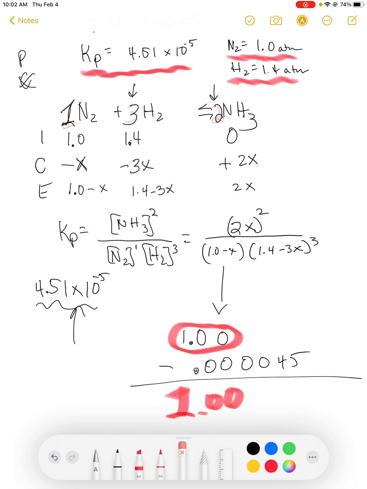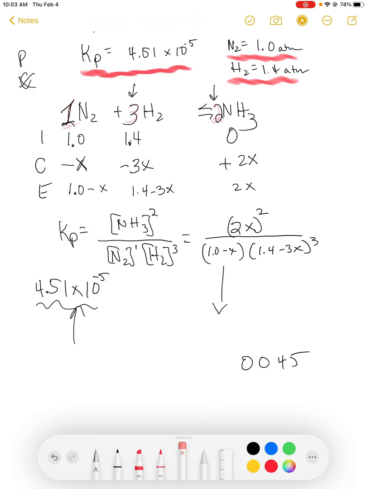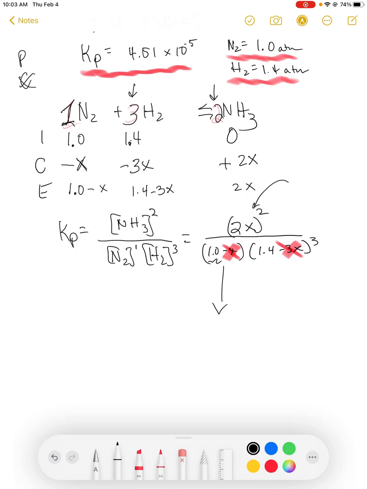So we can estimate that those numbers, since they're much bigger than that Kp value, we can just take the x's out. We can assume that it's not going to change very much. We want to keep the 2x up there. So subtracting that x from 1 and subtracting 3x from 1.4 is not going to change the value of this x up here very much.